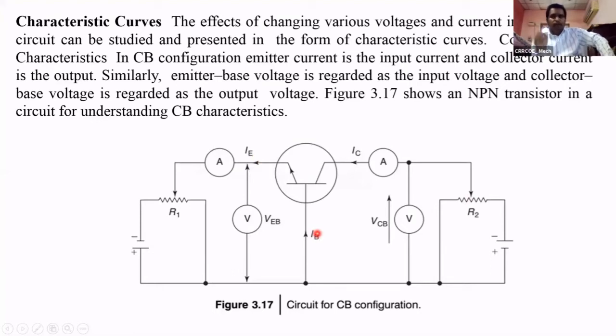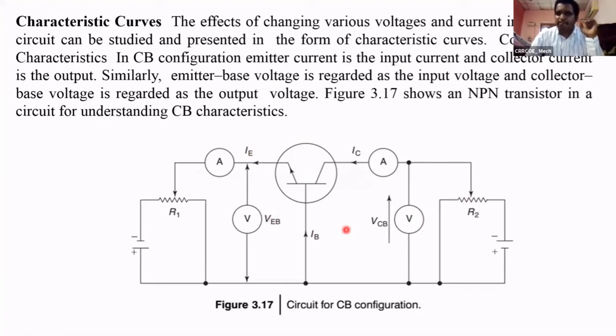Now we have two types of characteristics: input characteristics and output characteristics. Input characteristics give the relationship between the input current, the emitter current IE, and the input voltage VEB, the emitter-base voltage. The relationship between this current and voltage gives the input characteristics.